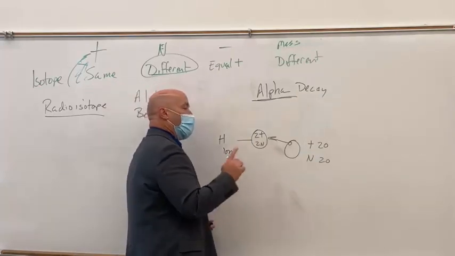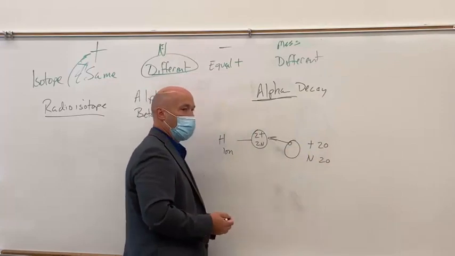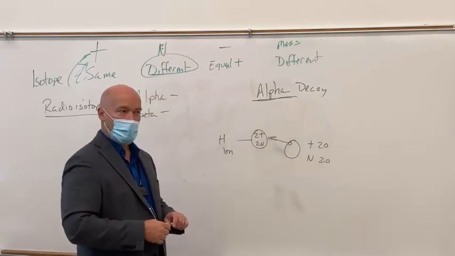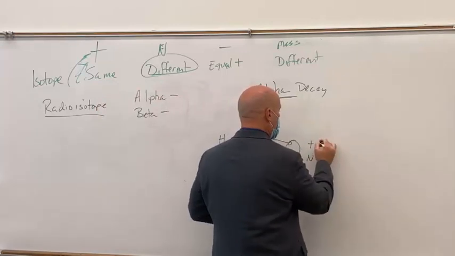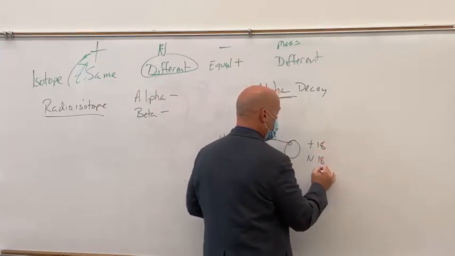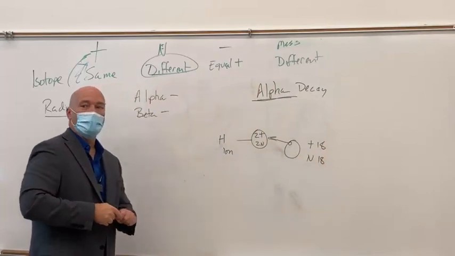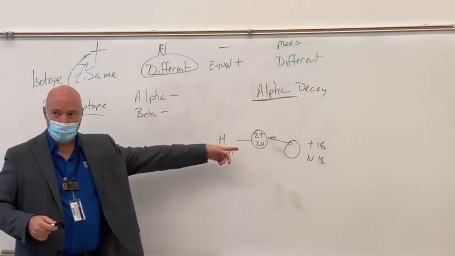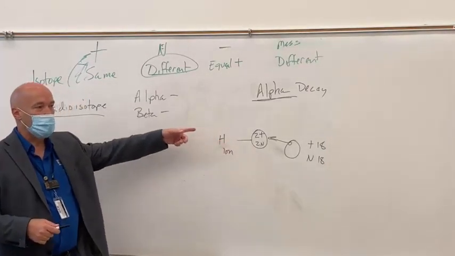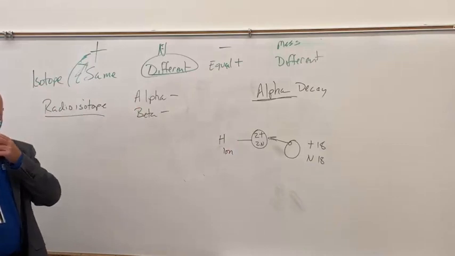But what happened over here? Both went down to 18. So it went down to 18 protons and 18 neutrons. So through alpha emission, we eject a helium nucleus. What happens to our atomic number?